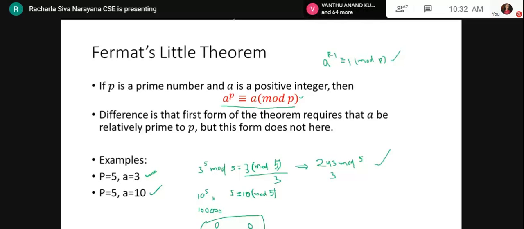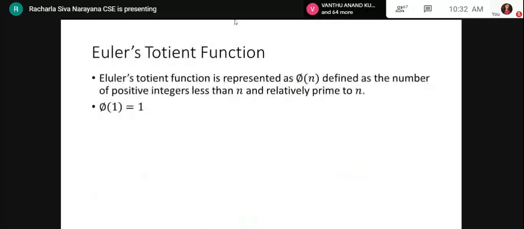Now, the second one is Euler's theorem. Before going to Euler's theorem, we have to see Euler's totient function. Euler's totient function is represented as phi of n.